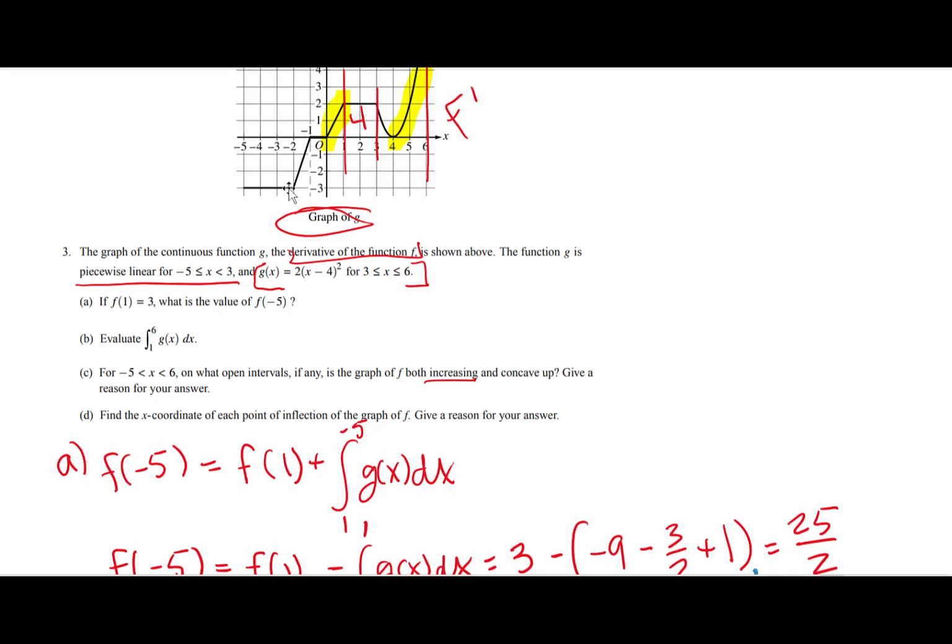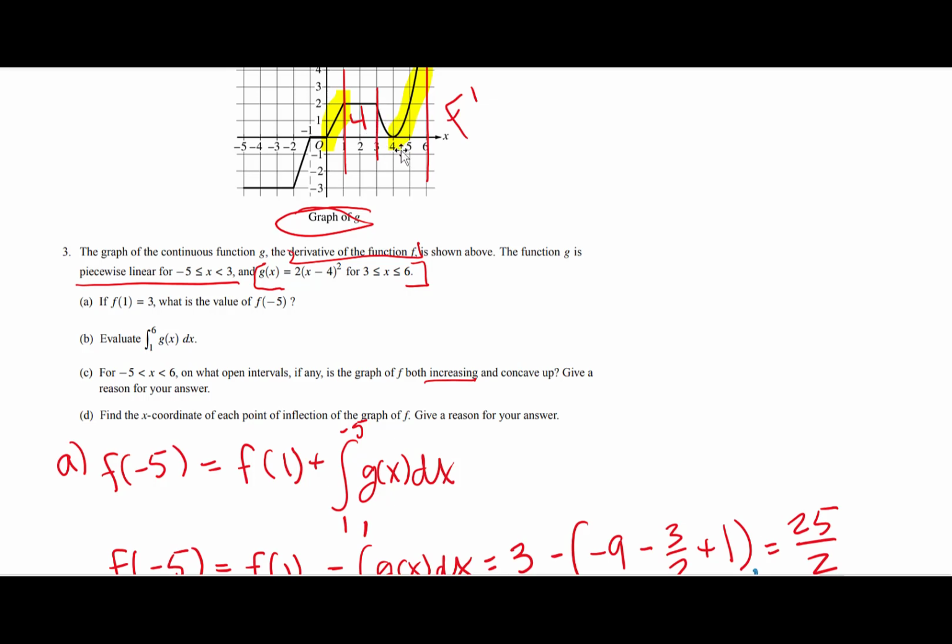It's increasing from -5 to 1. It's not doing any type of that behavior from 1 to 3. And then it doesn't really change direction, but it starts decreasing here, and then it actually changes direction at 4.